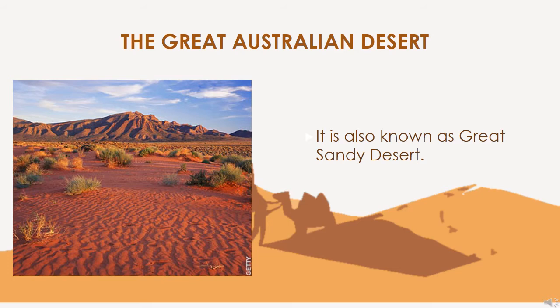We had discussed that there are two unique features in Australia: first of all, it is a country as well as a continent. It is also an island, meaning it is surrounded by water on all sides. But still, though it is surrounded by the sea on all sides, it has a great desert area also.